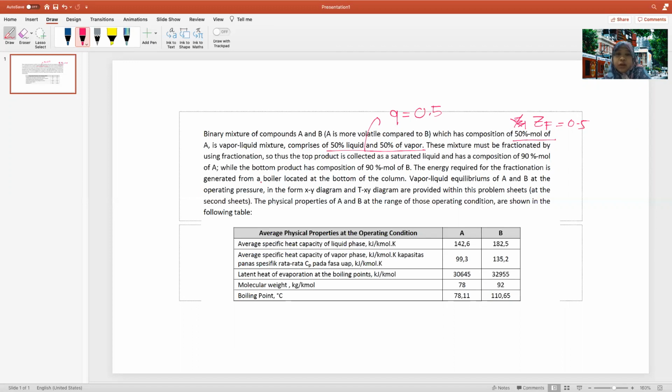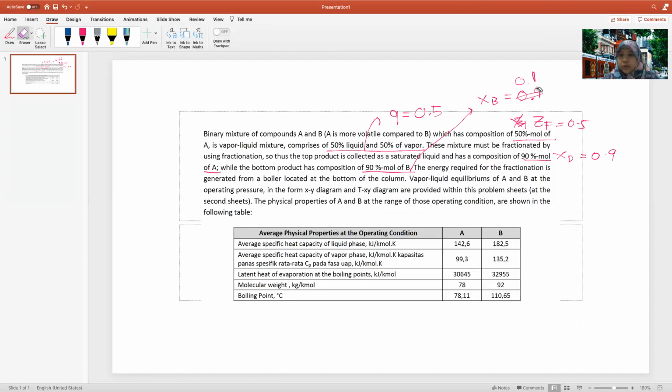What else? Also, we have the distillate, which is XD 0.9, and the bottom product is 90% B. So that means XB would be equal to 0.9. No, 0.1.